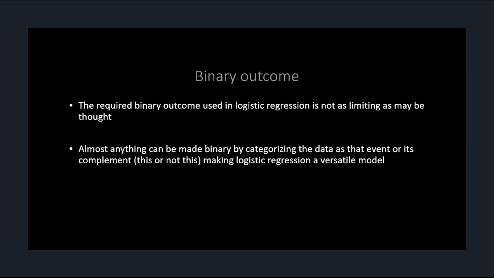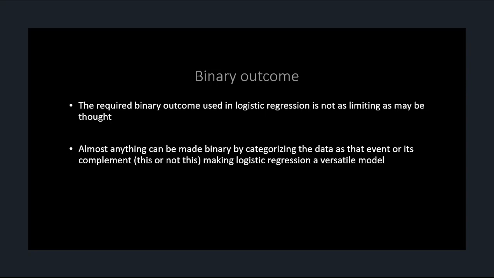Binary outcomes of logistic regression: at first, you're like, well, that has to be a 0-1 model. True. But it's very easy to create a 0-1 outcome because pretty much anything that you have a category of, you can create a 0-1 model by just binning things. So whatever categorical data you have, if you have cat, dog, bird, fish, you can translate that into dog versus not dog.